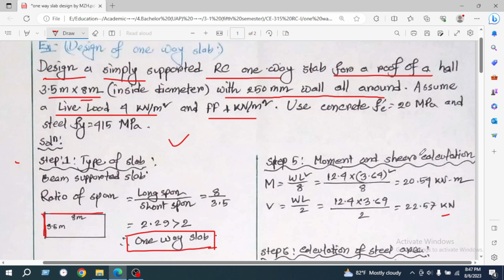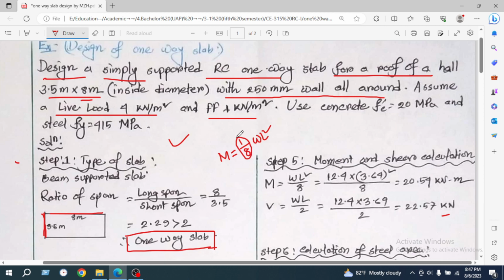The next step is very important for getting the moment of the slab. So moment is WL square by 8. Here we can use the coefficient method. If you use the coefficient method, then the value will change. So the coefficient we have used instead of WL square by 8 is 1 by 6.